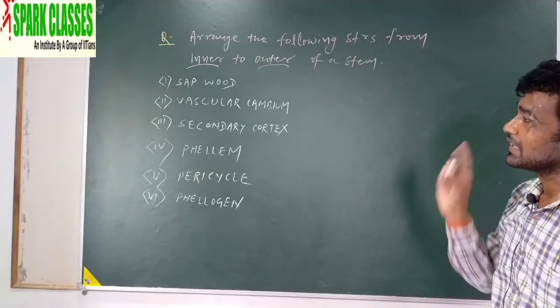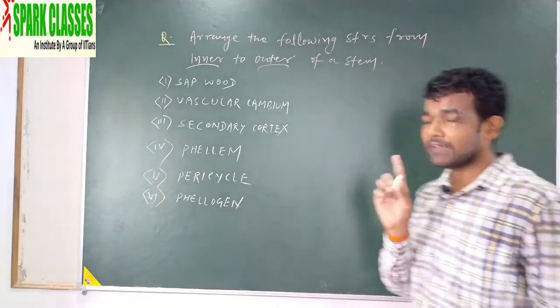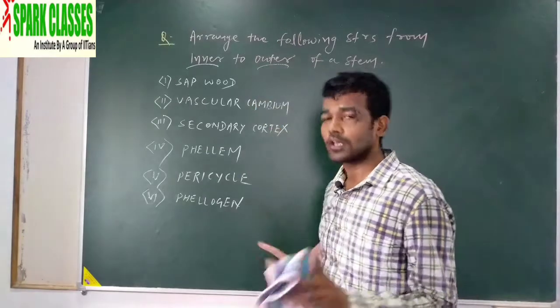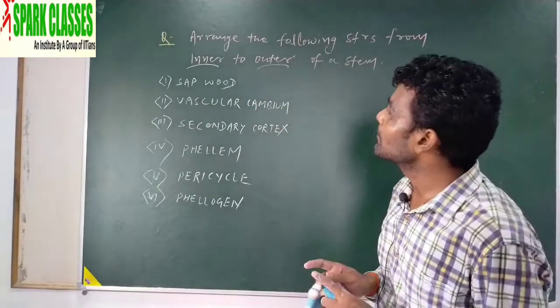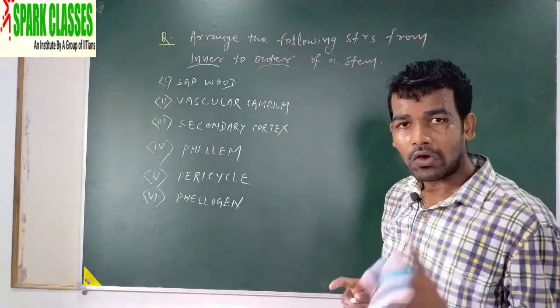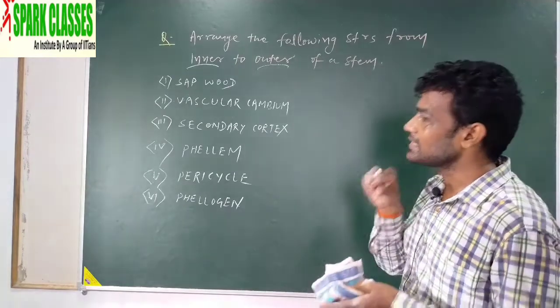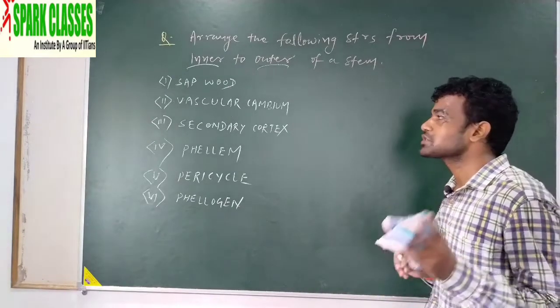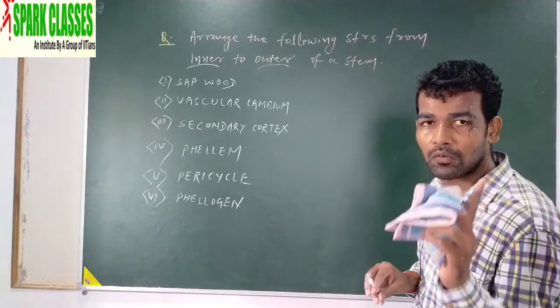So I am explaining, listen carefully. When this type of question comes, arrange from inner to outer. At least you have to remember the inner and outer. All of you know, the central part of the xylem is called heartwood. Yes or no?